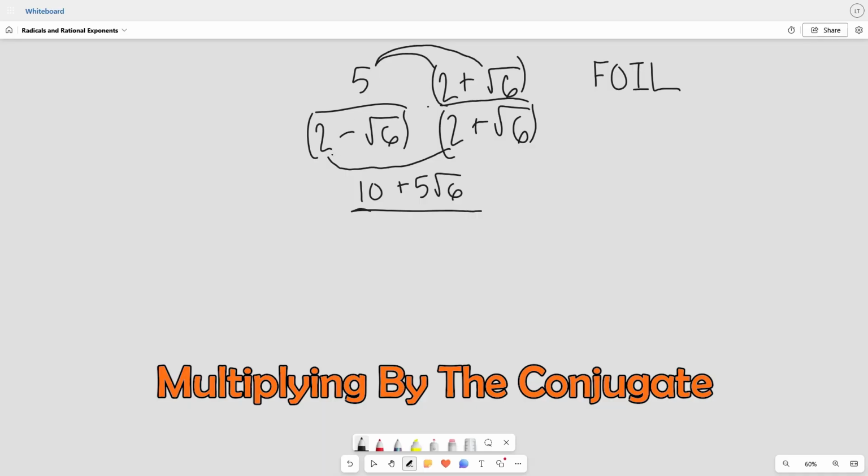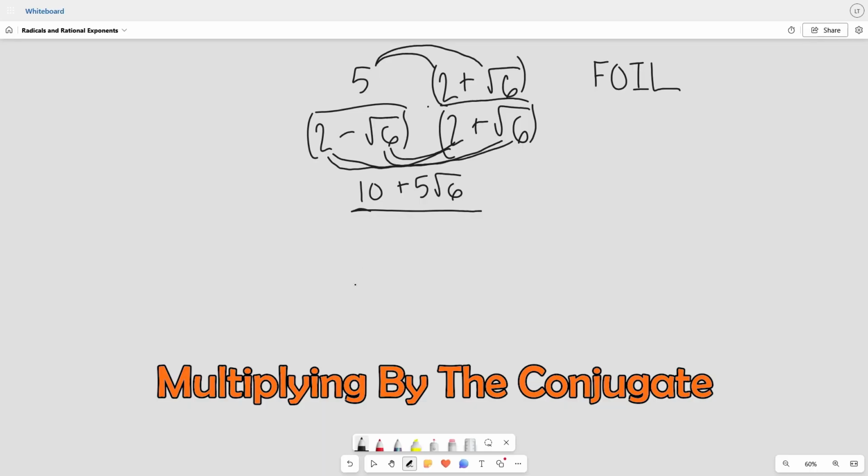Then you want to multiply the first term in the first by the last term in the second. These are the outer terms. Then you multiply the inner terms, and then you do your last terms.